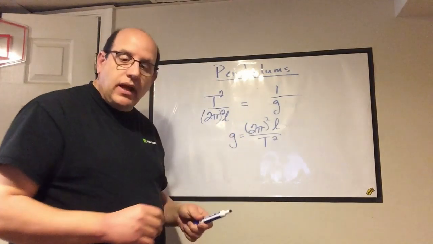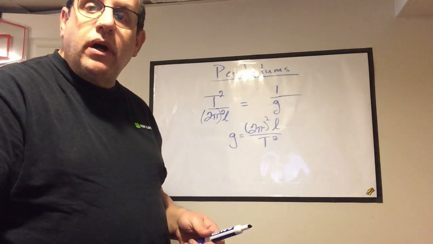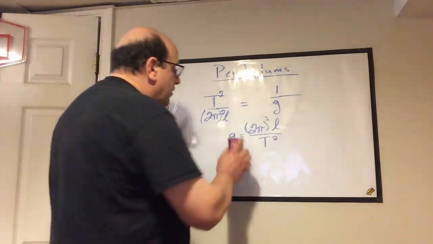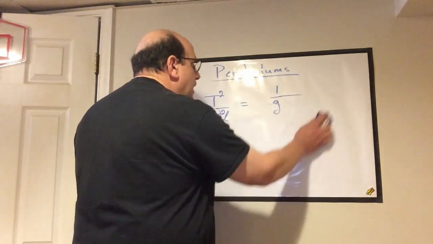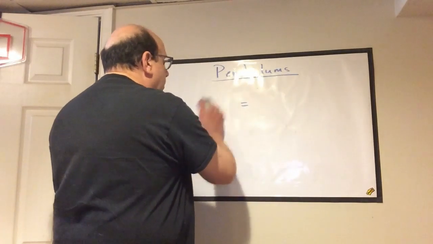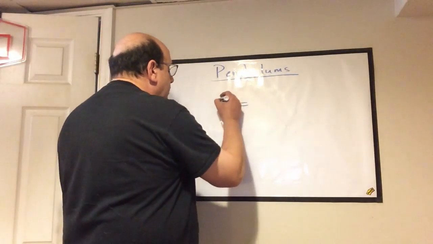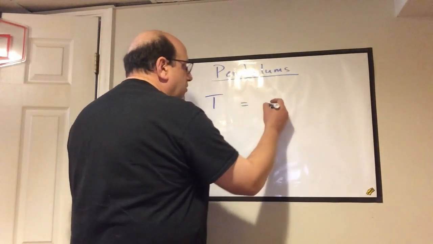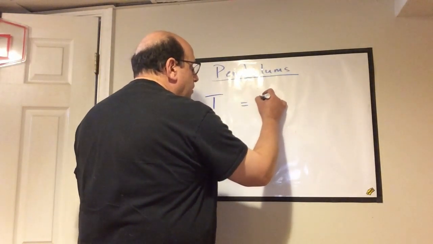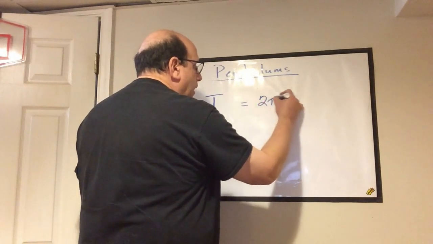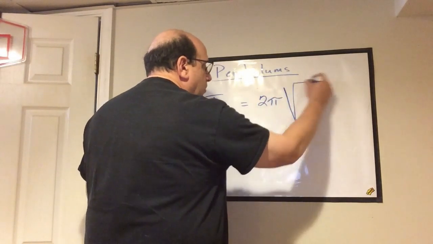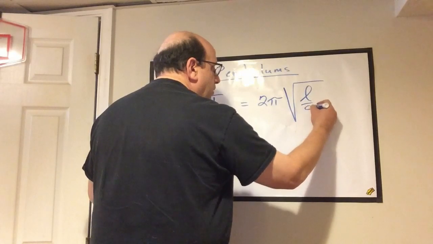If we want to find the length, we do a whole other set of business, and we don't have to flip anything, right? We know that the time period, and I'm going to leave myself lots of room here, equals 2 pi times the square root of L over G, right?